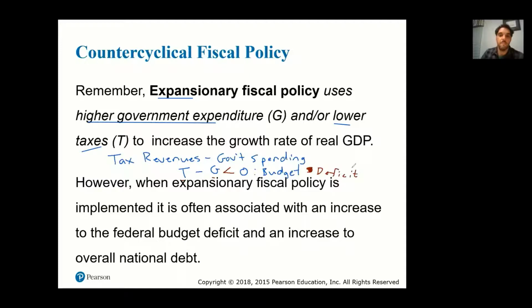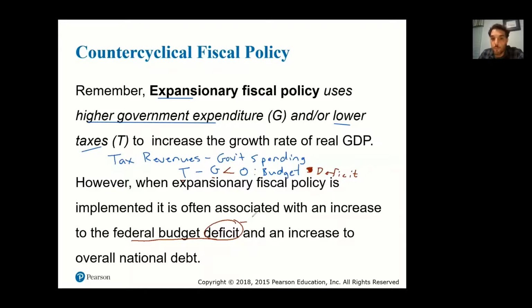And the reason I bring this up is because when there's a federal budget deficit, one, it leads to an increase in overall national debt. And two, this deficit has to be made up somehow. How is it made up?